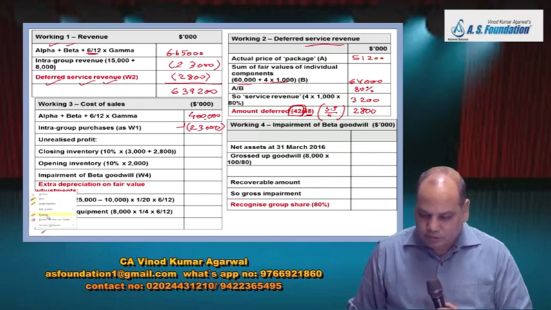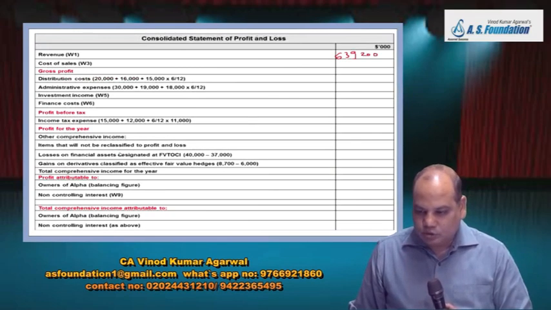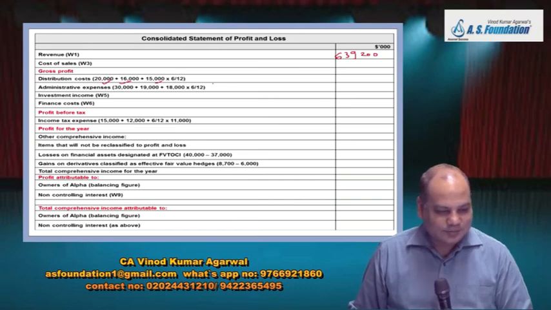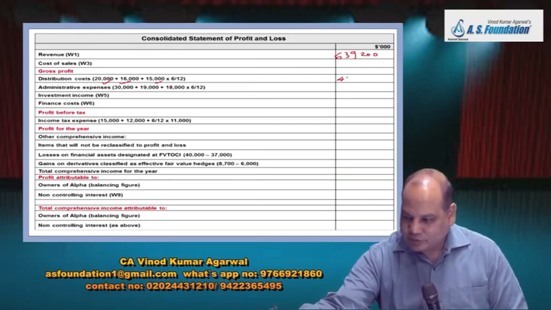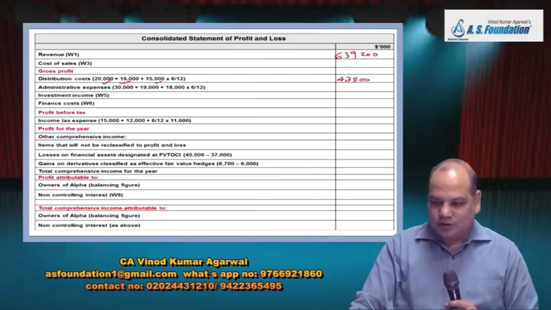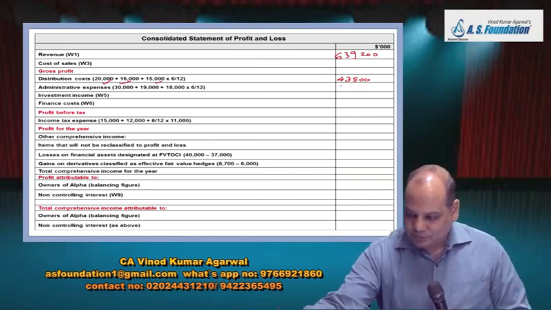Will not write now. What about distribution cost? No adjustment? Very good. Come to the main page. 2 full 1 half. How much is the answer? 43,500. Same thing for administration also. 2 full 1 half. 58,000.